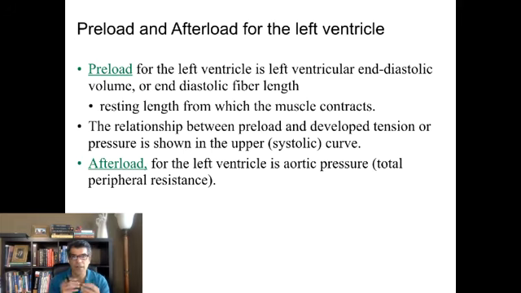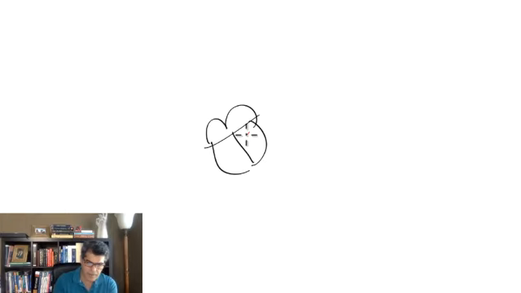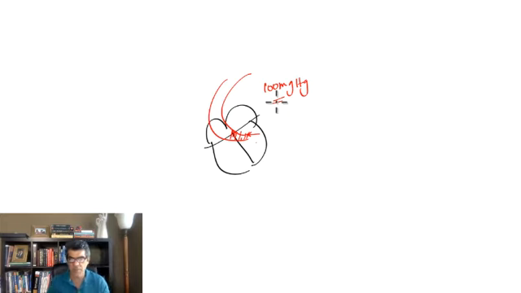On the other hand, we have another term, and that is called afterload. Afterload is the amount of resistance or pressure that you have after the ventricle. Let's say this is your heart and this is your aorta. Now, this ventricle is supposed to push the blood inside this aorta. The amount of pressure you have inside the aorta is around 100 millimeters of mercury. If the ventricle is trying to push the blood inside the aorta, the pressure inside the ventricle must be more than 100 millimeters of mercury.